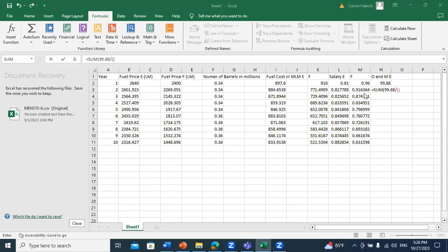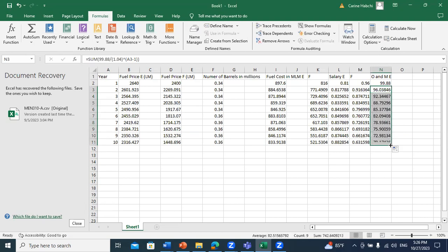Okay, so we were computing the variation of operation and maintenance cost with time. So we said it's over 1.04 to the power A3 minus 1. So this is for the economic analysis.